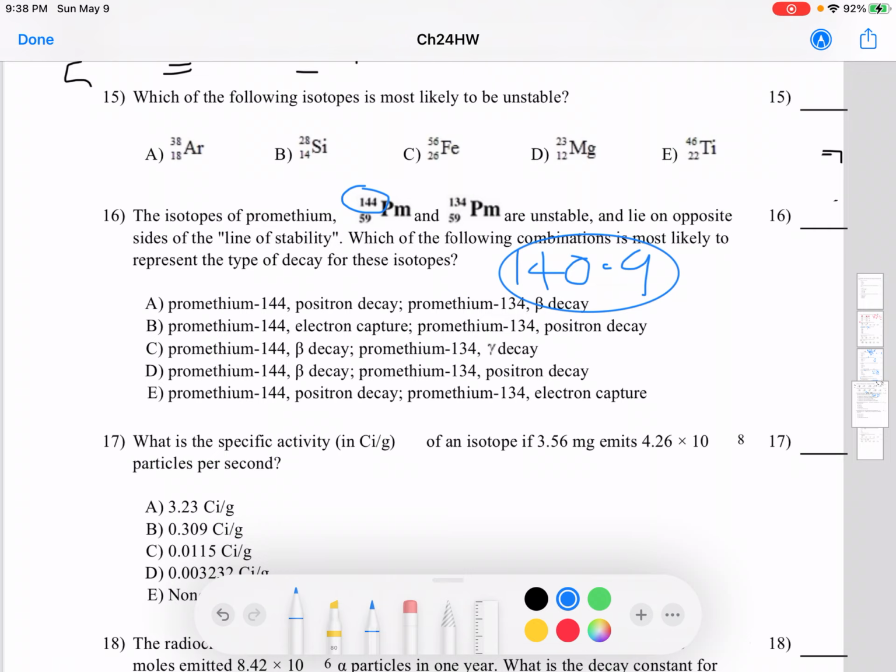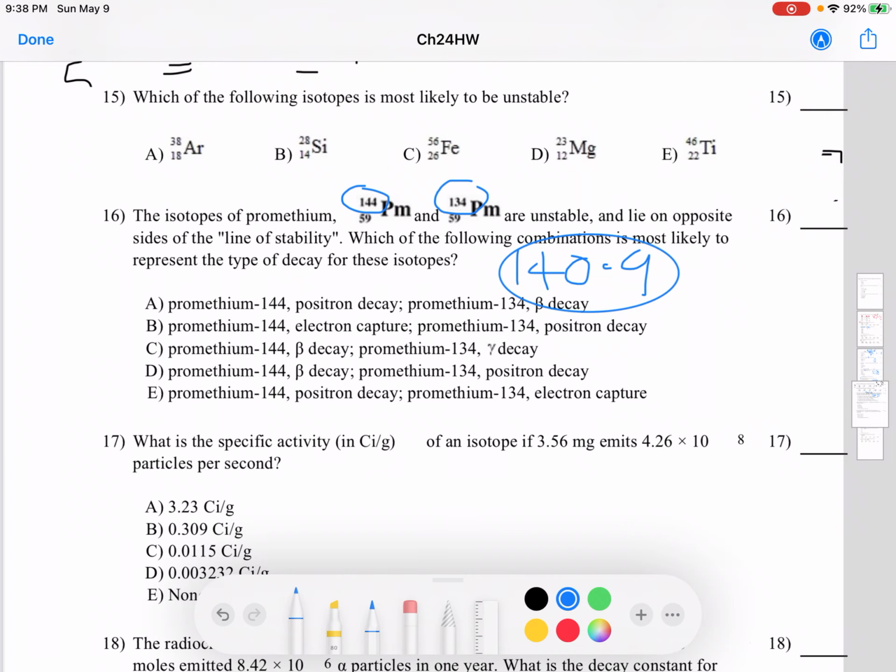Remember I showed you how to analyze it. Then compare it with this number next and see whether it is proton rich or neutron rich. Based on that, if it is proton rich, you know what kind of decay it would be. If it is electron rich, you know what kind of decay that would be. You can refer to the table I showed you in the PowerPoint slides. Okay, so try to do that for yourself.